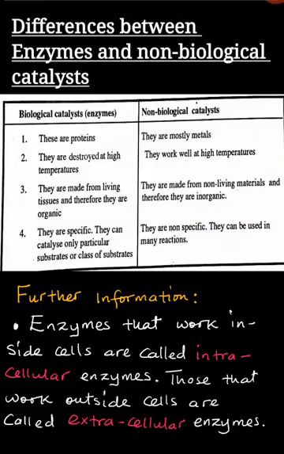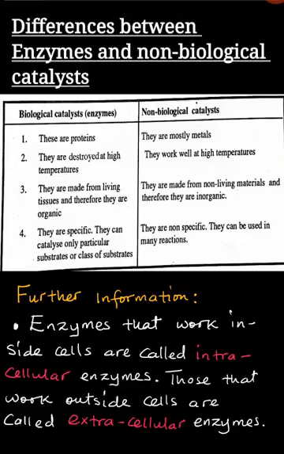They can be used in many chemical reactions. So that's the difference between biological catalysts, which are enzymes, and non-biological catalysts. So as you are learning to compare biological catalysts, which are enzymes, from non-biological catalysts, these are some of the points that you must mention.